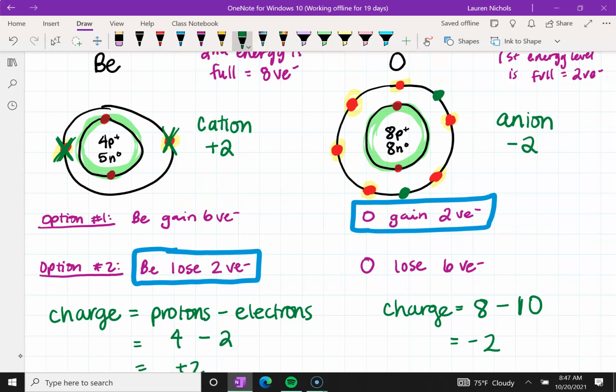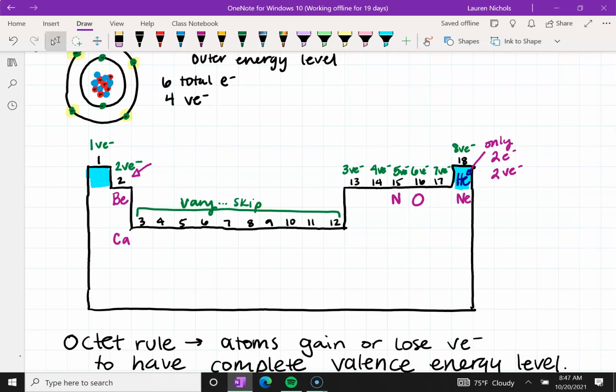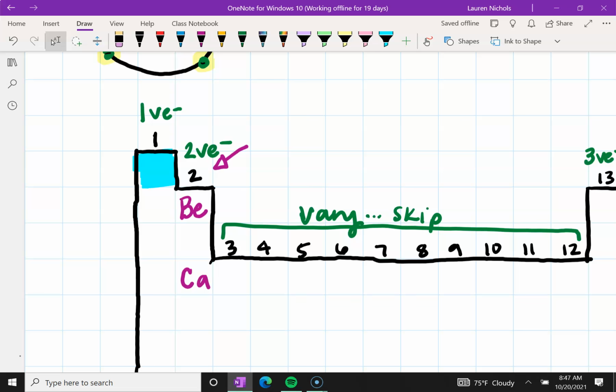Now, the great thing about this is you need to understand why this is happening, but your periodic table means that you don't have to go through this process every single time. When we look at our periodic table, we know that column 1 always has 1 valence electron, which means they're always going to lose that 1 valence electron. Imagine a number line from 0 to 8.